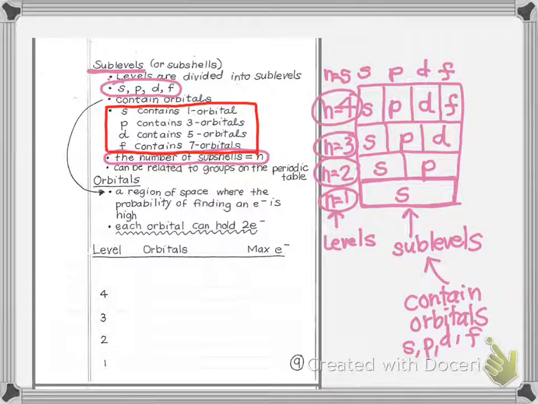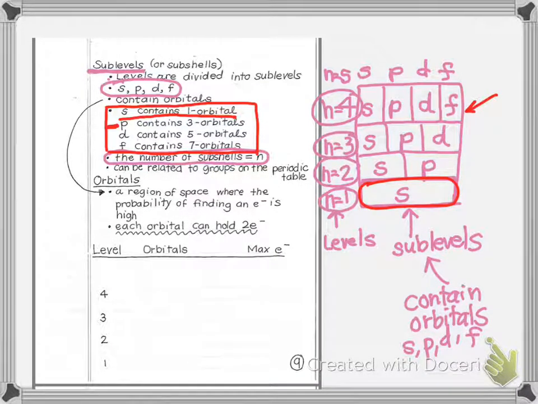So if I'm right here in the S sublevel, there's going to be S orbitals inside of that, and those are the chairs. Now look, S only contains one orbital. As you go to P, anything that has a P over here on this, oh, darn it, sorry.